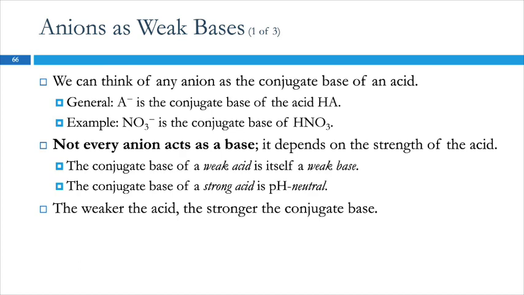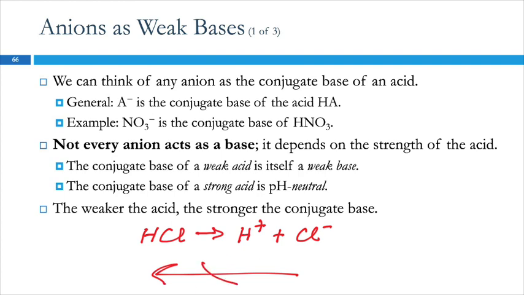Because if we think about hydrochloric acid, right? This is a strong acid, ionizes completely to form hydrogen ions and chloride ions. The reverse reaction doesn't happen at all. They separate and they will not go back together unless you evaporate all the water out.